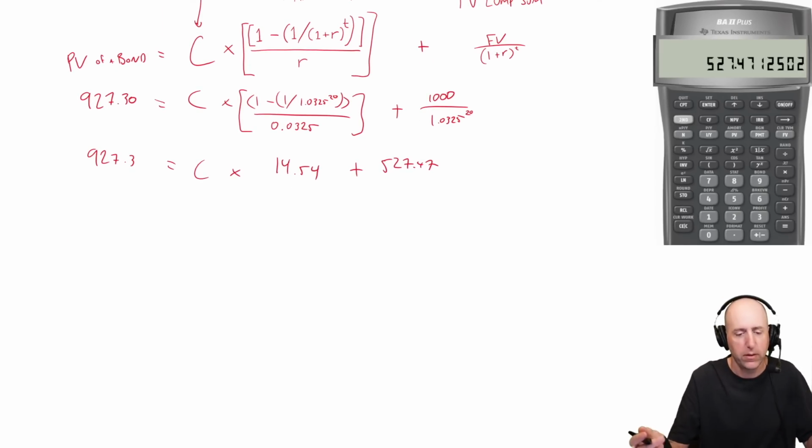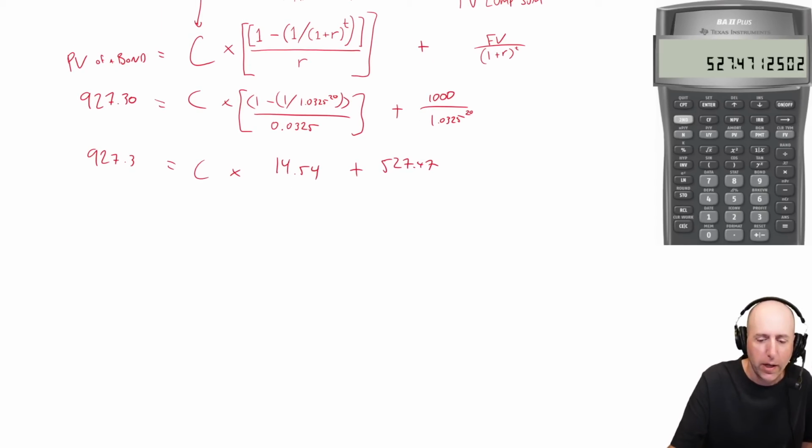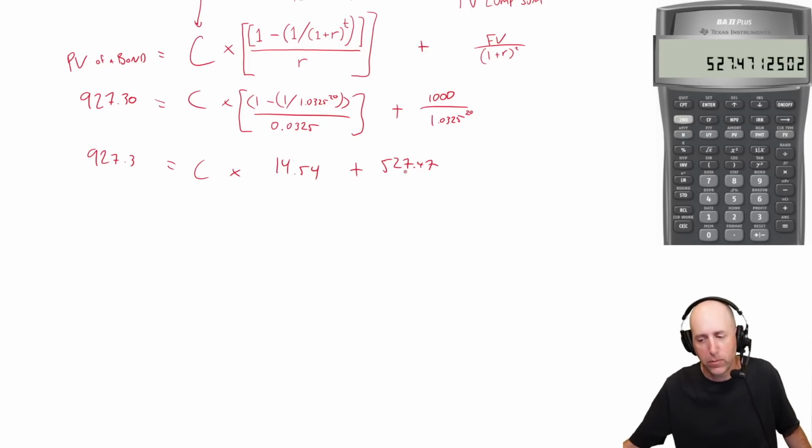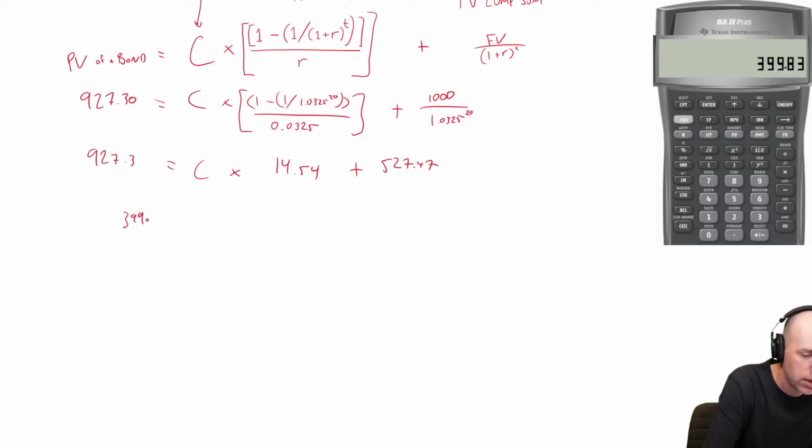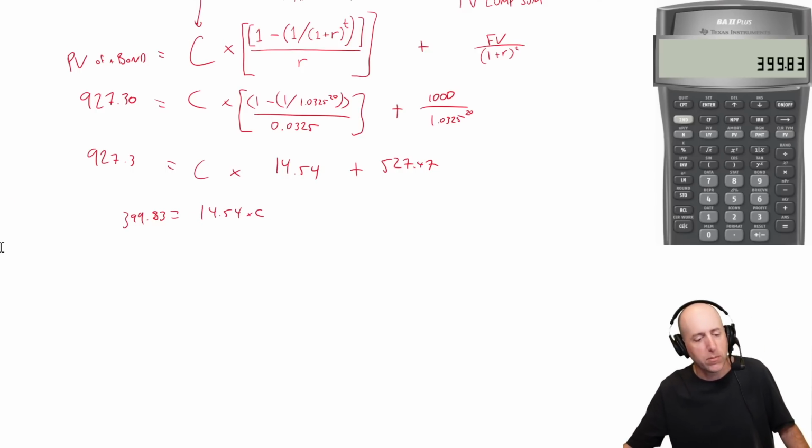Now we're just in algebra mode. We'll subtract 527.47 from 927.3. 927.3 minus 527.47, I get 399.83 equals 14.54 times C. Divide both sides by 14.54.